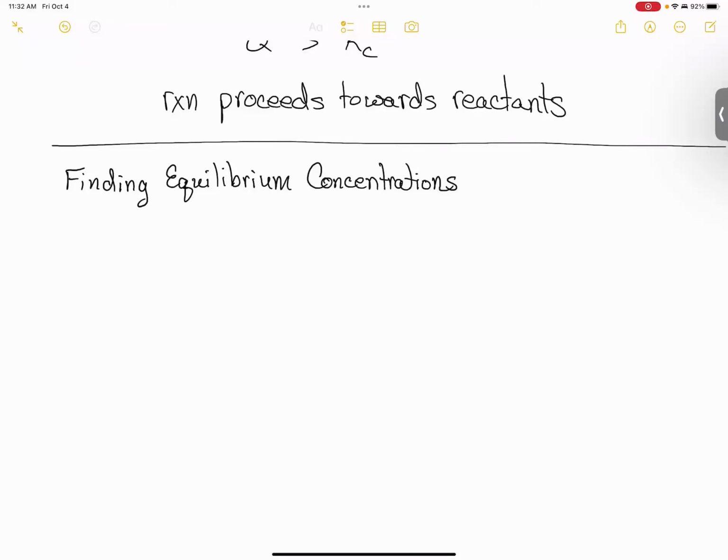So you're not going to be finding 3 out of 4. You're going to have to find them all. So how do we do that? We're going to be setting up our equilibrium expression, and then you're going to be using algebra that sometimes will involve using the quadratic equation to solve.